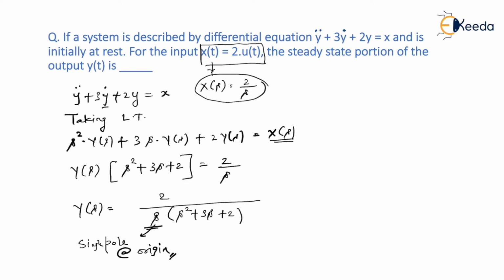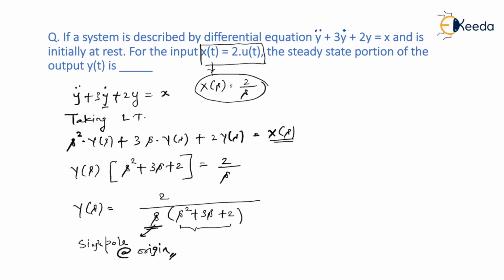Because you know that whenever there are multiple poles at origin, the final value theorem is not applicable. And then for this s square plus 3s plus 2, if you actually take roots of it, you'll get two poles, s equal to minus 2 and s equal to minus 1. It means all the poles are present on the left half of the s plane and there is only one pole present at origin. It indicates that the final value theorem is applicable. So here, if you actually apply the final value theorem, you will get the final value or a steady state value.